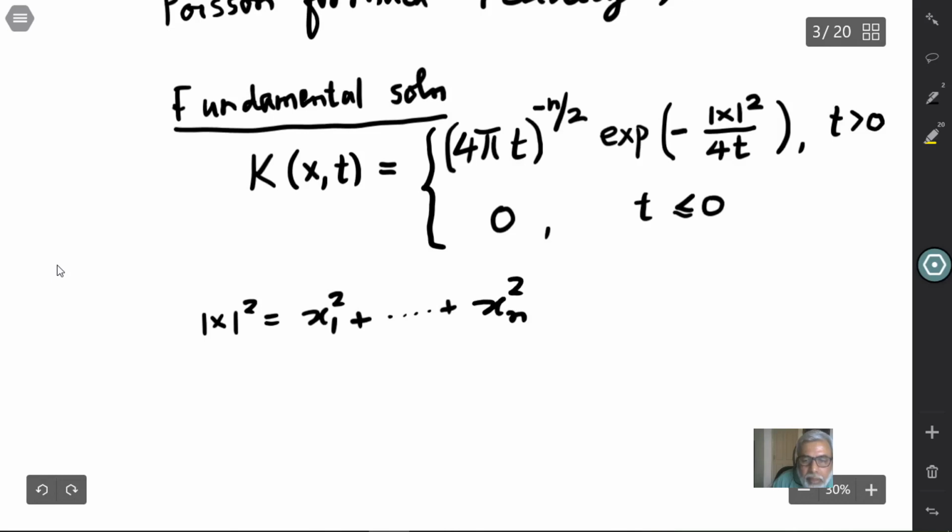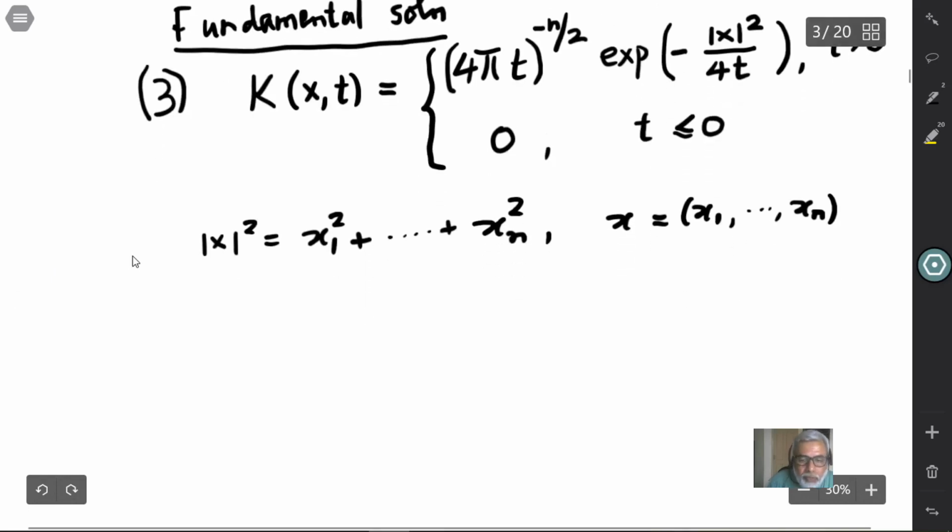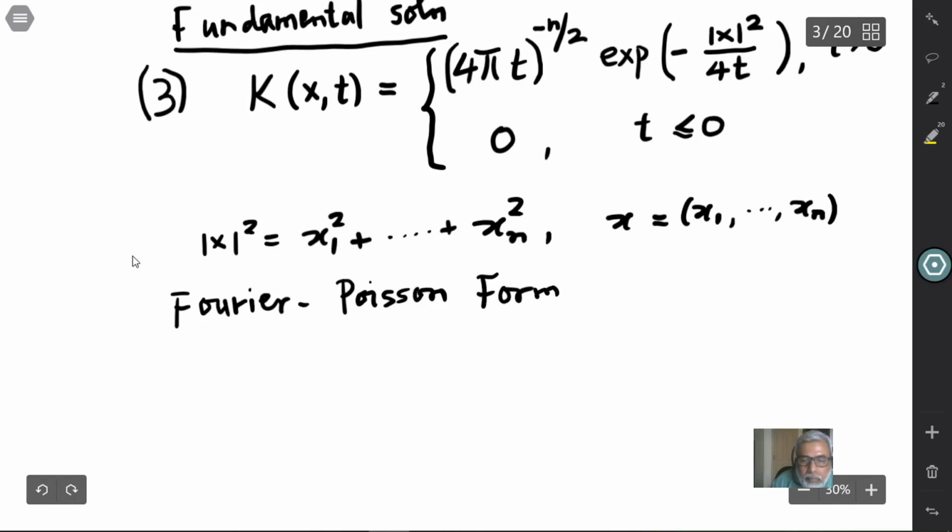And the Fourier-Poisson formula is also neat. So again, this is equation 4.